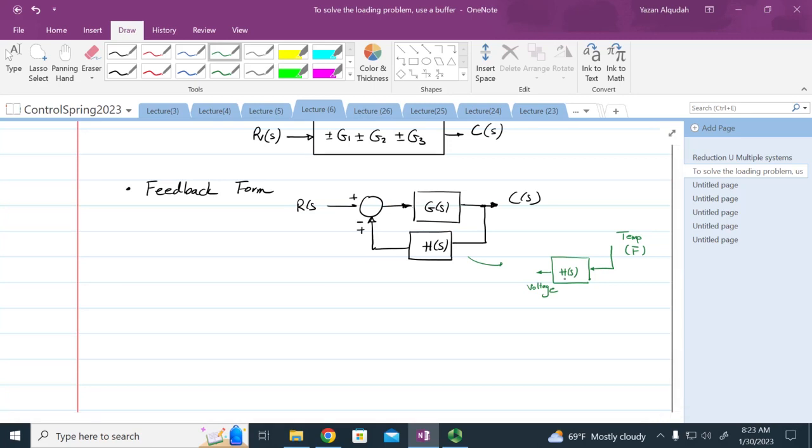Now, one more thing I want to mention about this H of S. Usually, when we see H of S in this block diagram representation, it is going to be either a 1 or a constant. What does it mean when it is a 1 or a constant?